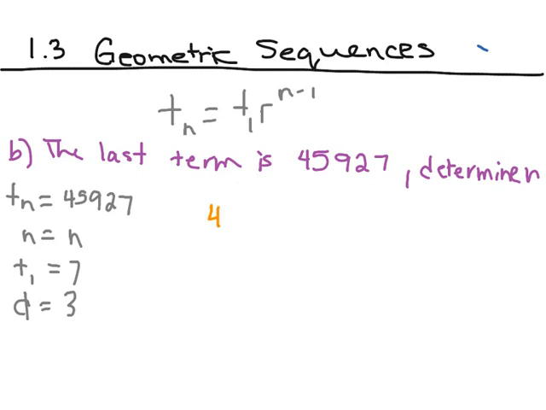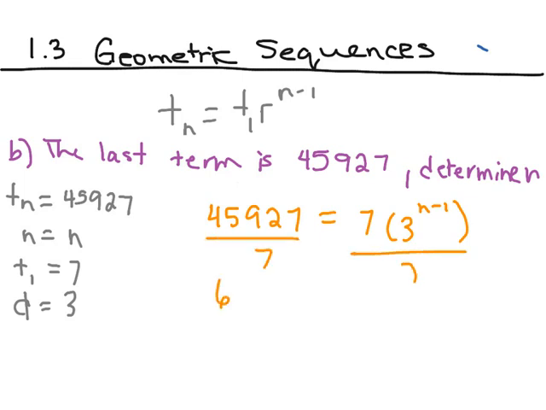So we plug it into our equation. 45,927 is equal to 7 times 3 to the n minus 1. Now we're going to isolate the side with our n in the exponent, so we're going to divide both sides by 7. So 6561 is equal to 3 to the n minus 1.